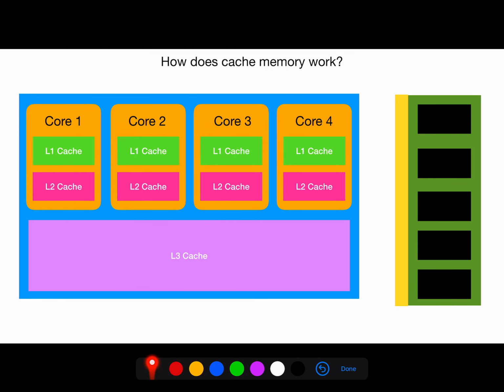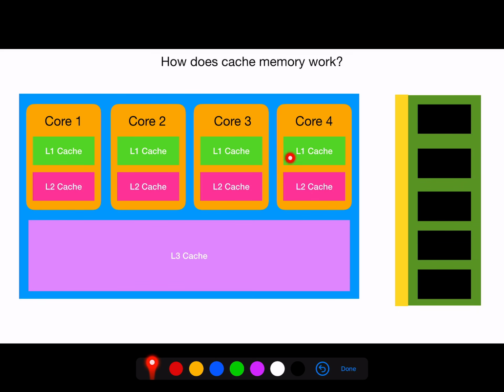Now the idea, and this is the key to understanding this, is that the most frequently used data are stored in cache memory. Because if they're most frequently used, the CPU doesn't have to visit the RAM to get the data that it needs most.